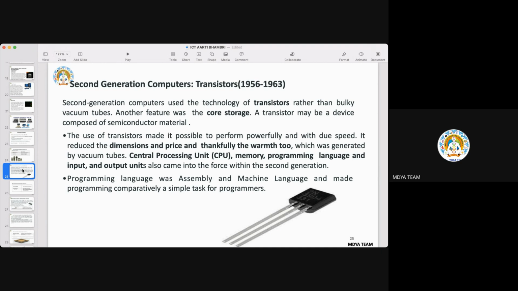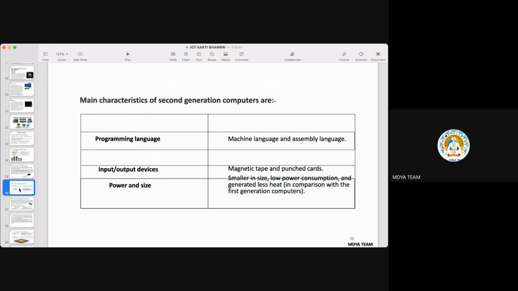The second generation. Now programming languages here are assembly languages and machine languages, and they make programming comparatively simpler for programmers as compared to the first generation.